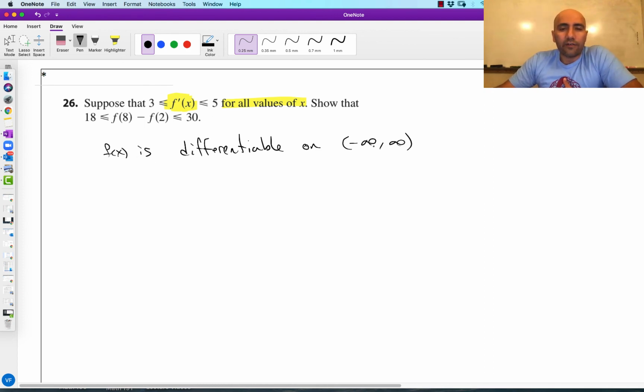If f of x is differentiable everywhere, well, okay, now I'm going to focus my attention on this. This is what they're asking me about. So I'm just going to say, in particular, if f of x is differentiable on negative infinity to infinity, then easily we can conclude that f of x is differentiable.